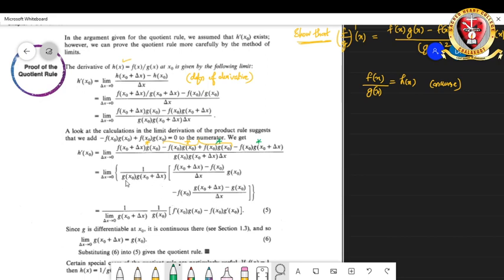And then you know that delta x is tending to 0, so you take this term like this, and you are applying the limit of this function into the limit of this function, and then apply limit of a plus b is equal to limit of a plus limit of b.